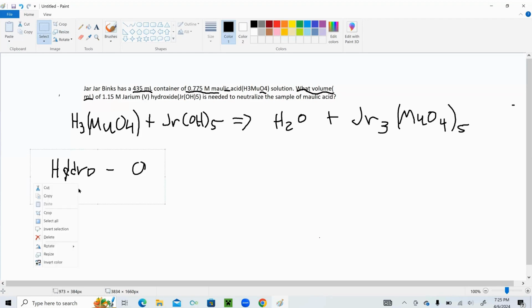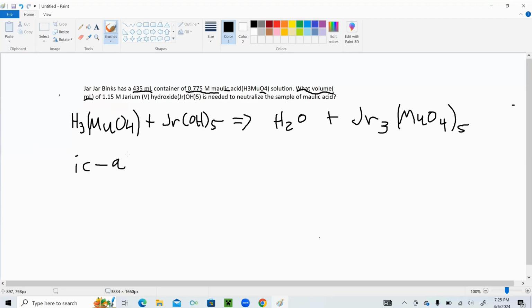And another thing to know is, when it says ic, I remember it this way: ic, 8. So this polyatomic ion should end in ate. And that's why we have a 3 here. That's why I moved this 3 over here, because of the ate. Remember from naming acids?